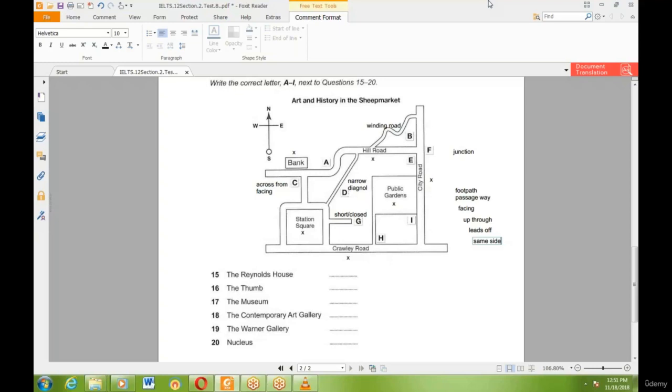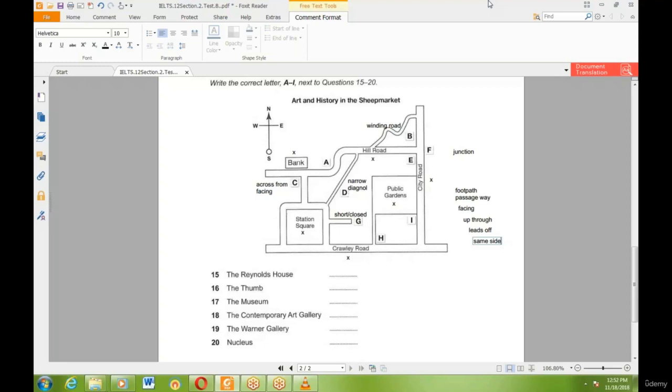The thumb is just what its name suggests, but it's about 10 metres high. You'll see it on Hill Road, across the road from the bank. The museum's got a particularly fine collection of New Zealand landscapes. It's on the east side of the Sheep Market, on City Road. It's on the other side of the road from the public gardens, immediately facing the junction with Hill Road.